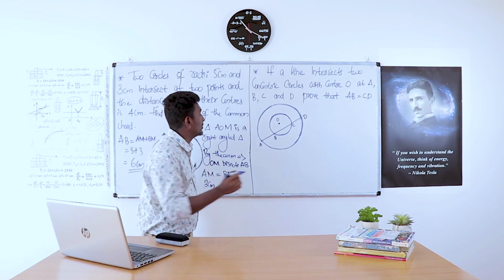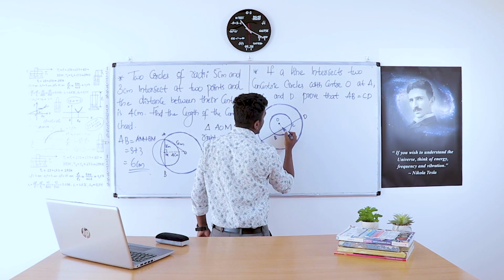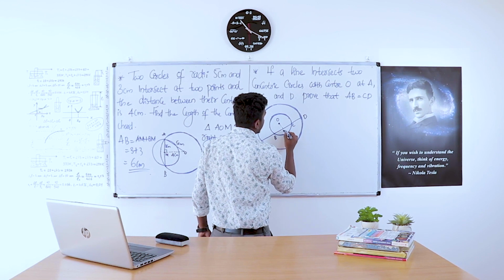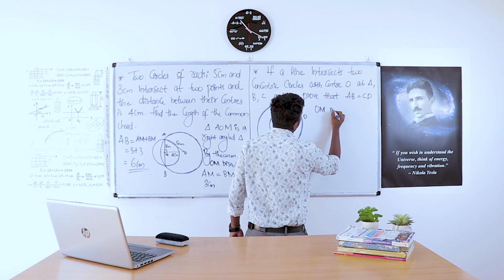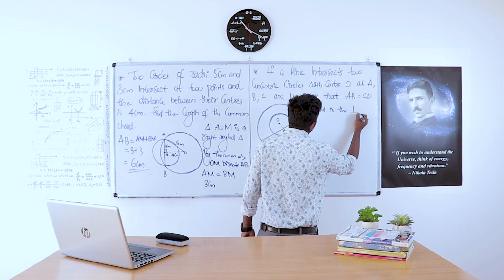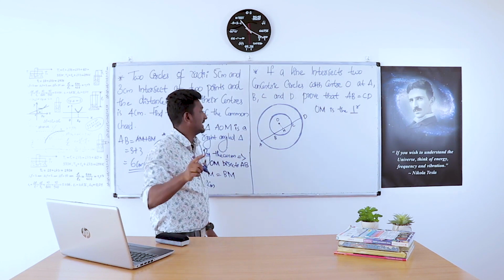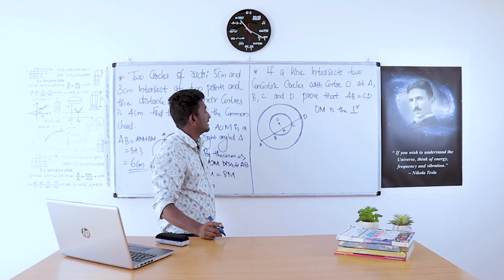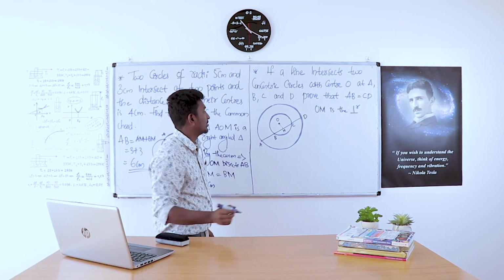Now, what I am going to do is draw a perpendicular from O to the line segment and mark it as M. That is, OM is the perpendicular. Now, by theorem, you all know that a perpendicular drawn from the center bisects the chord.